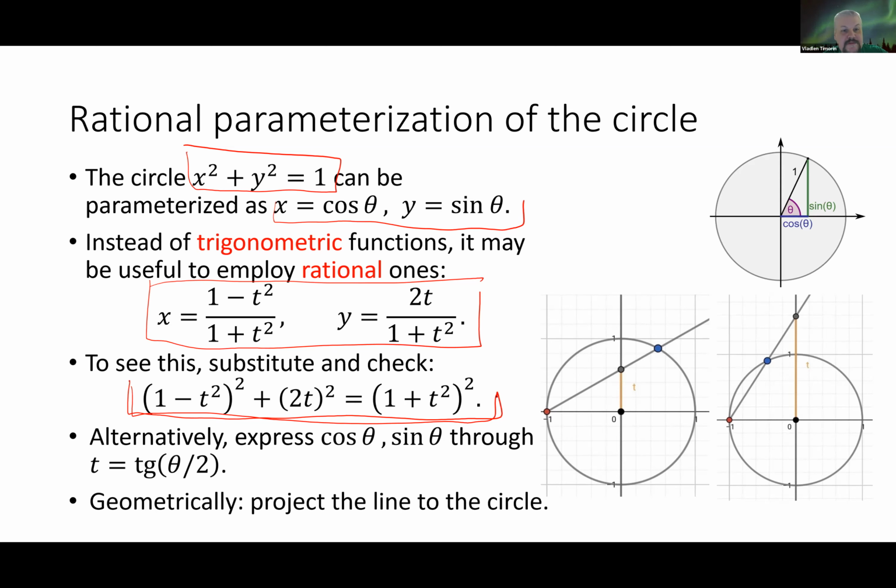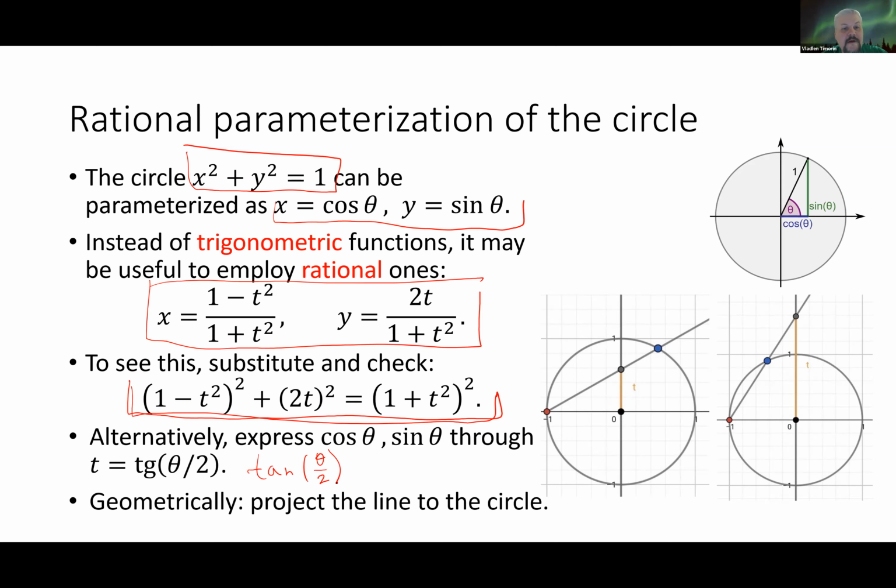There are, of course, other ways of verifying that this parameterization works. Alternatively, one way to obtain the rational parameterization from the trigonometric one is to introduce the tangent, also written as tan, of theta over 2, the half of the angle.